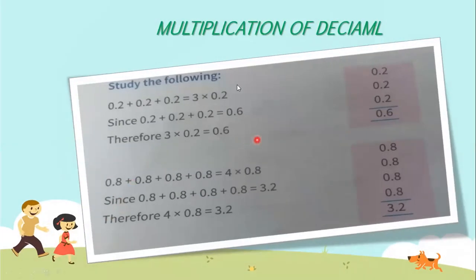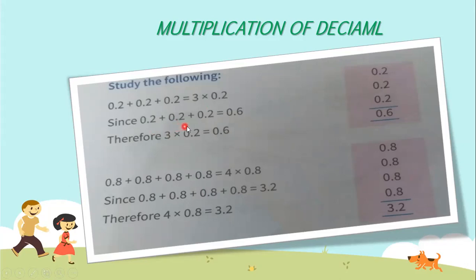So next is multiplication of decimals. How will we multiply decimals? See here, 0.2 plus 0.2 plus 0.2. That means when you add 3 times, we all know that multiplication is repeated addition. So we can do this as 3 into 0.2.